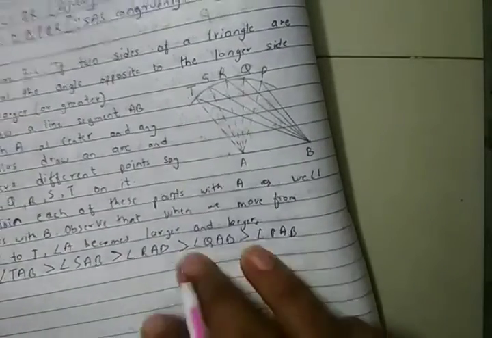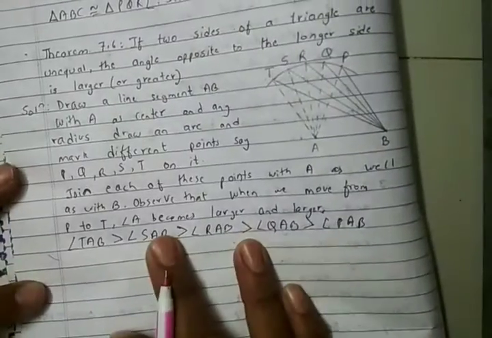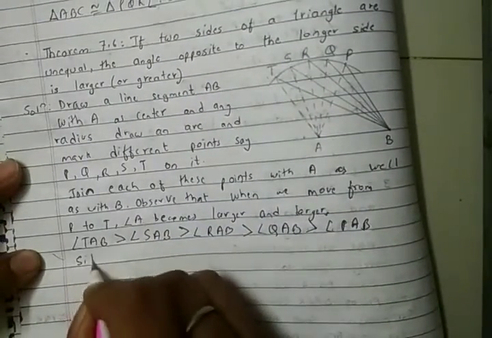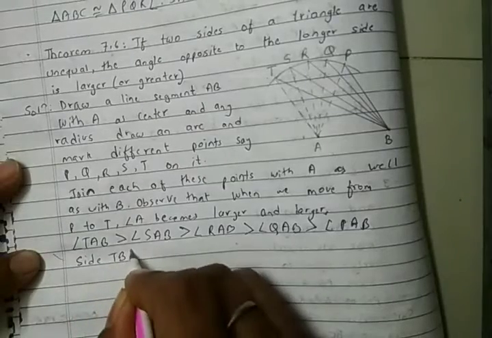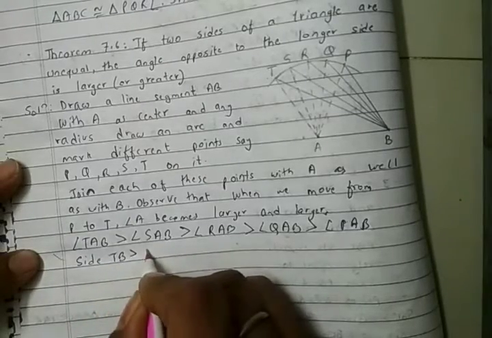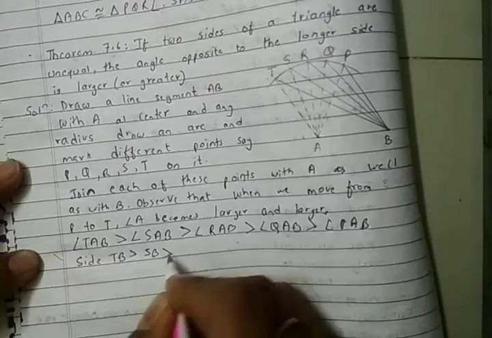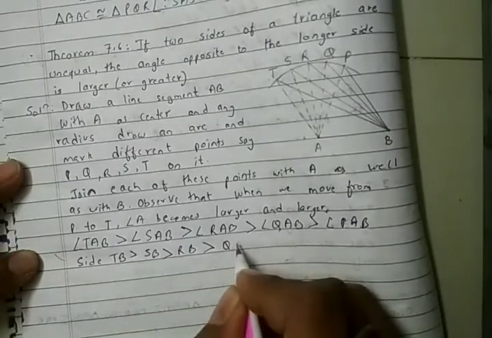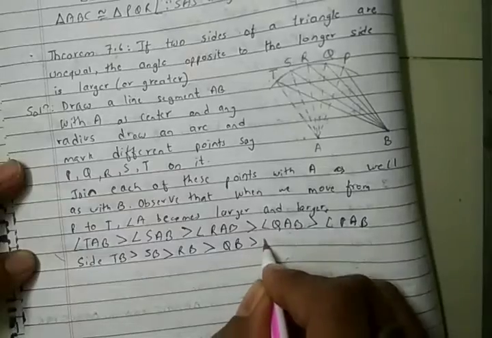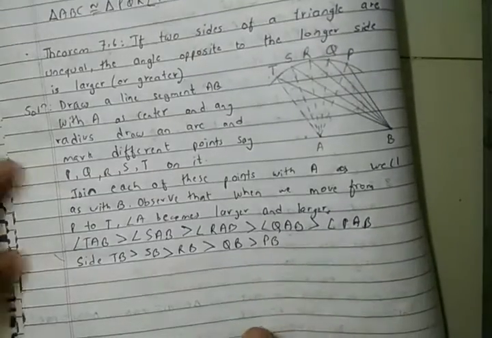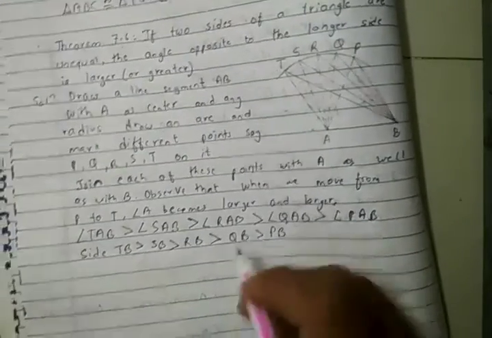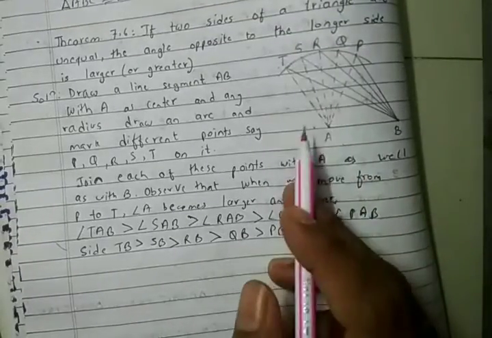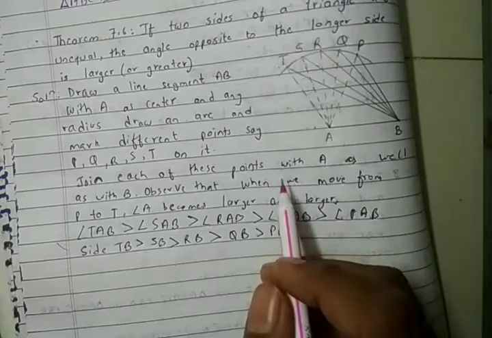And we can say that side TB is greater than side SB, greater than side RB, greater than side QB, and greater than side PB. As the angle is increasing, the side is also increasing.